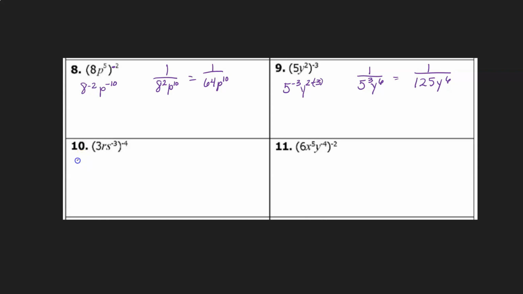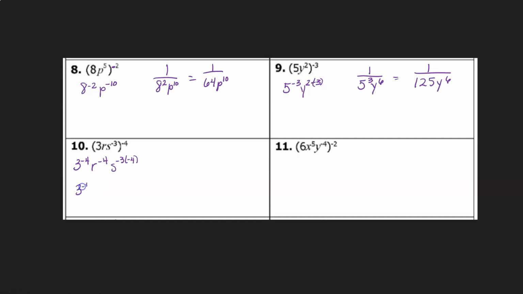Number 10, 3 to the negative 4th, r to the negative 4th, s to the negative 3 times negative 4. So I have, let me rewrite this.